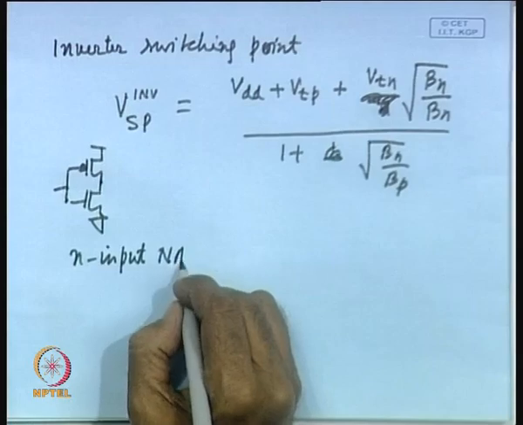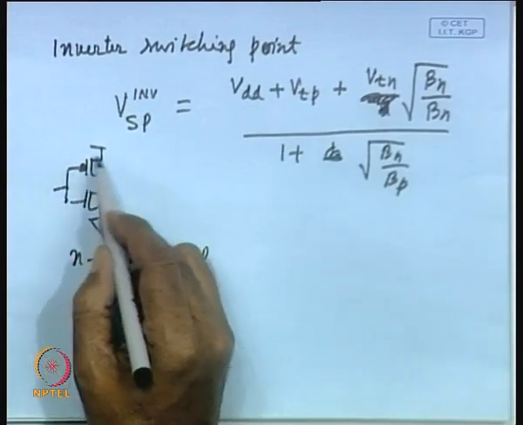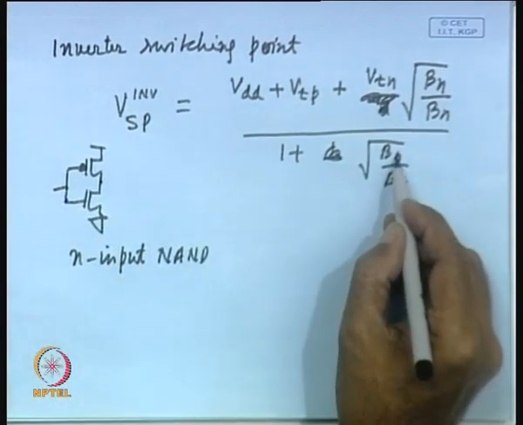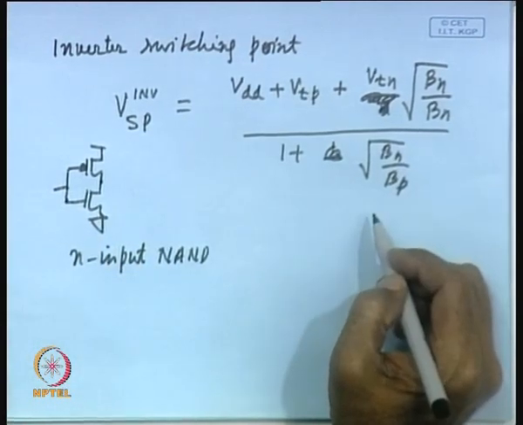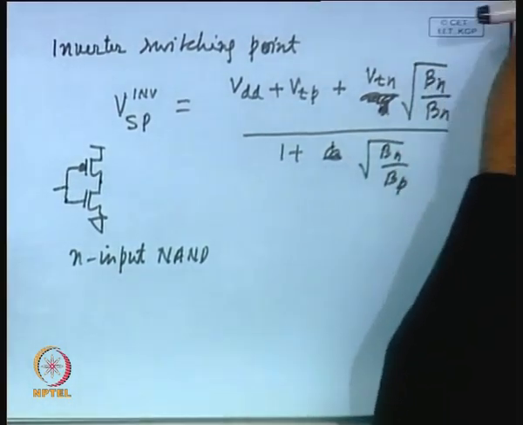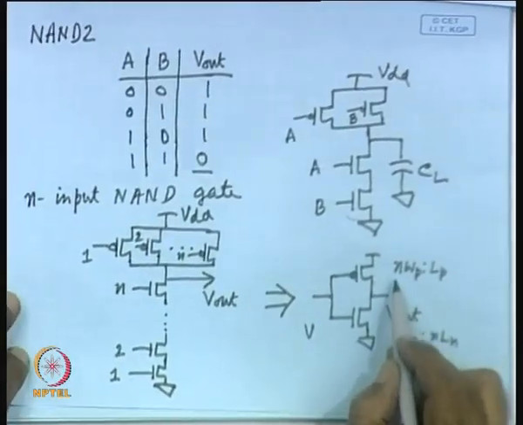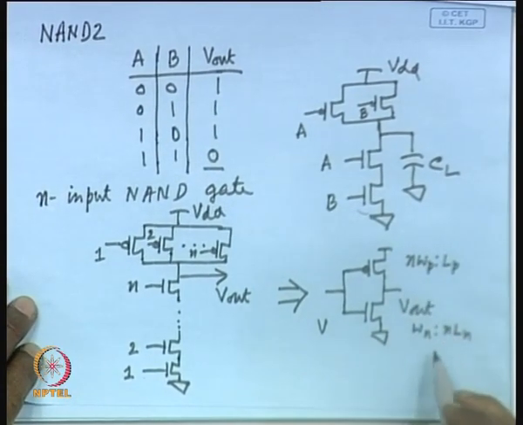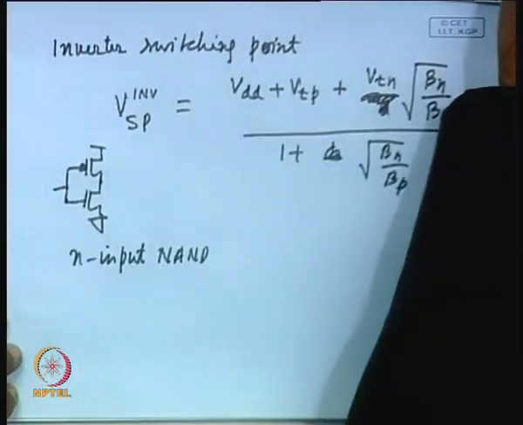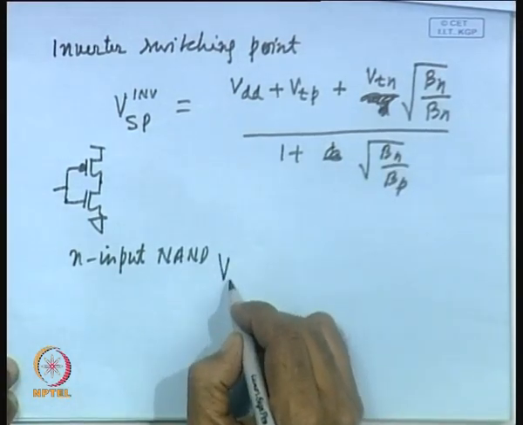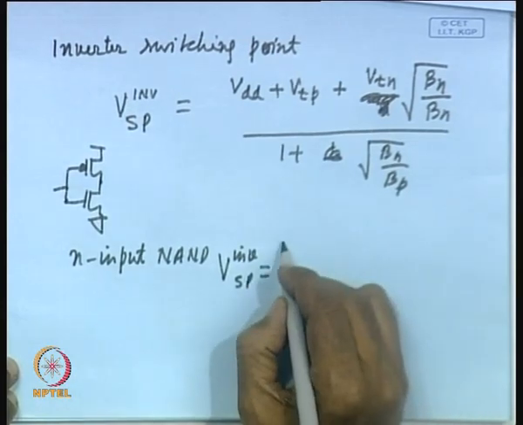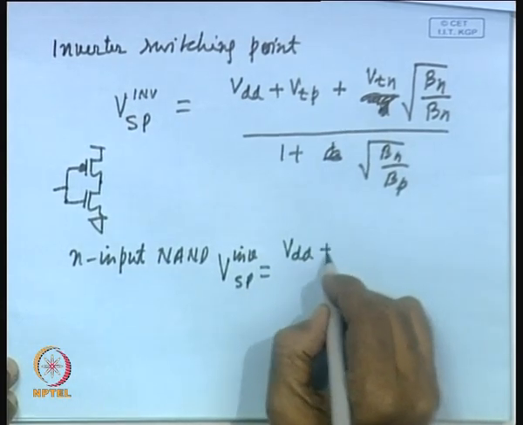But in case of an n input NAND gate, we have connected n transistors in parallel for the PMOS network and n transistors in series for the NMOS network. How is beta n by beta p affected? We have already seen the ratio will be affected in this way: n W p by L p, the width of the PMOS transistor is increased and the length of the NMOS transistor is increased. So if we substitute, the inverter switching point will be VDD plus VTP.